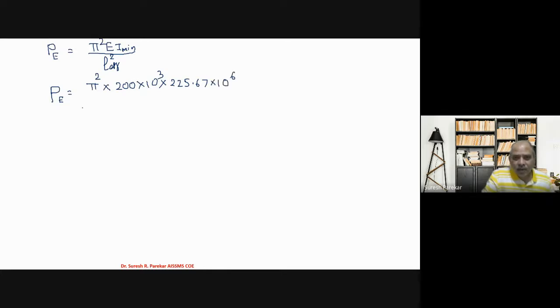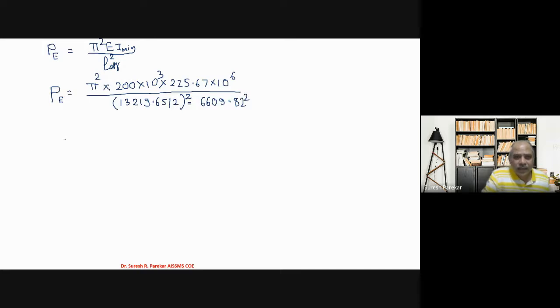And as we have both ends fixed as the end condition, L effective will be half of this, so 13219.65 upon 2 whole square. And if we calculate this value, we will get 6609.82 square.